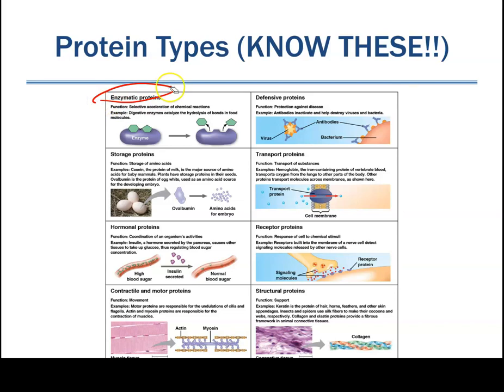So enzymes are basically mediating and controlling chemical reactions. If you're familiar with the term catalyst, they are biological catalysts, which means they make a chemical reaction happen, but they are not consumed by the reaction. They just happen to be biological molecules, because you can also have chemical catalysts as well.